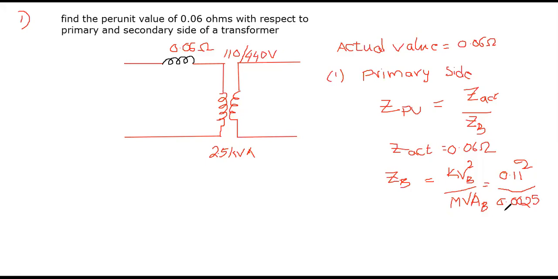If you want to convert this MVA to kVA, just multiply it by 1000, and obviously you will get 2.5 kVA. So if you determine the ratio of 0.11 square divided by 0.0025, you will get 4.84 ohms.